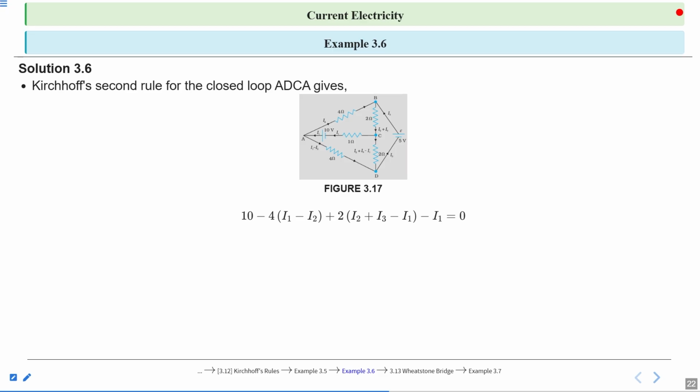This is Kirchhoff's second rule on the closed loop ADCA. After solving this, we get the equation 7I1 minus 6I2 minus 2I3 equal to 10, which is equation 3.61a.